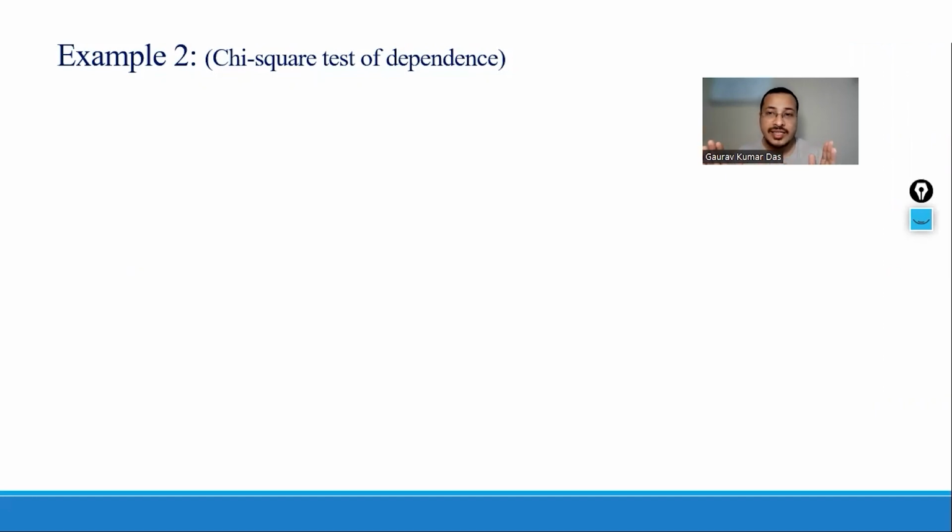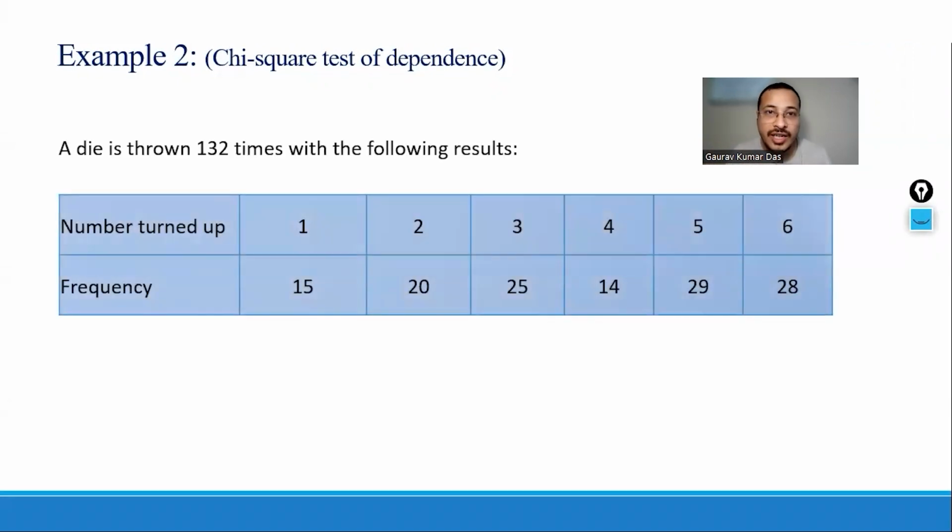The graph, everything will remain the same. Just the formula to calculate the chi-square statistic will change. That one is the chi-square test of variance, and this is the chi-square test of dependence. But let's try to see the example first and understand in what scenario we can use the chi-square test of dependence.